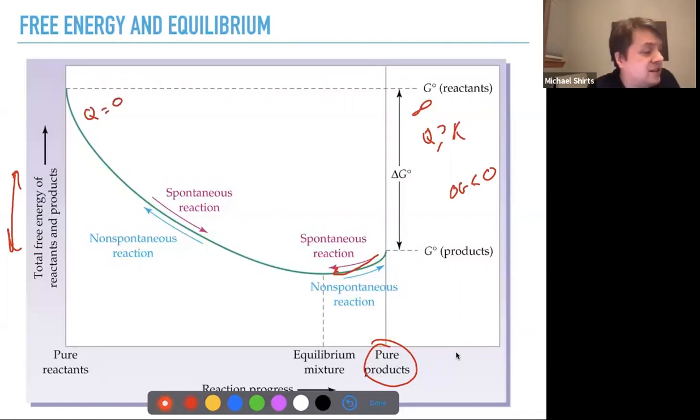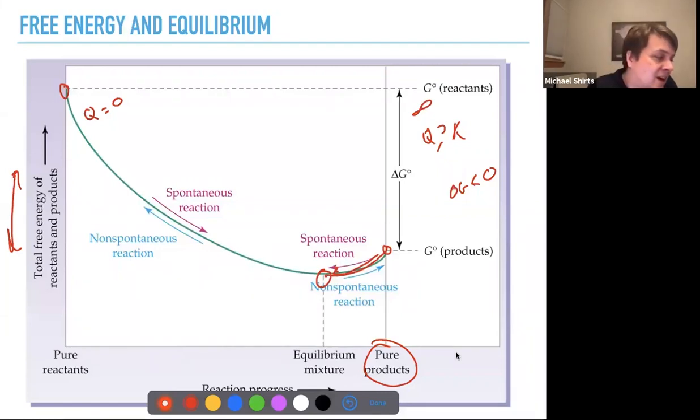If it was all reactants and no products, there's nothing in the numerator. So it's going to move from a state of pure reactants or pure products and keep reacting until it reaches some point where it's at an equilibrium mixture. And so it spontaneously reacts away from pure products until there are some products and some reactants.